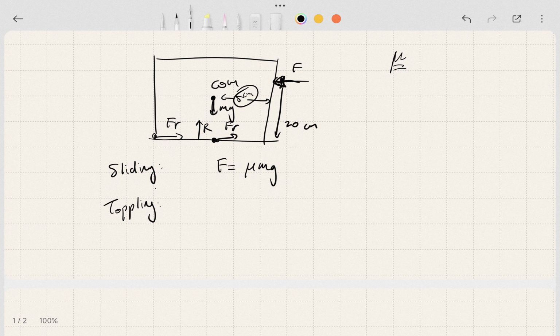And so let's think about how we can do that. Which point do you want to take as the torque?